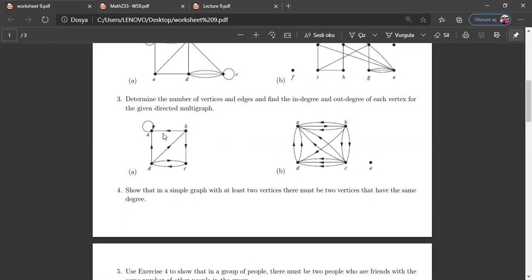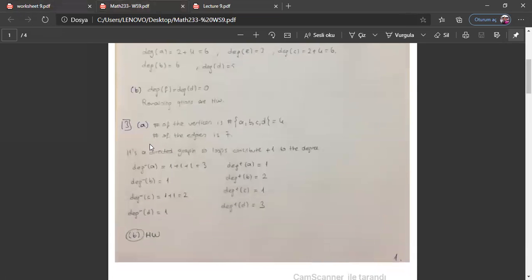For these graphs, by the way, if we have a loop, we add only 1, not 2. So for A, we have 1, 2, and 3 edges that end with A. So the in degree of A is 3.